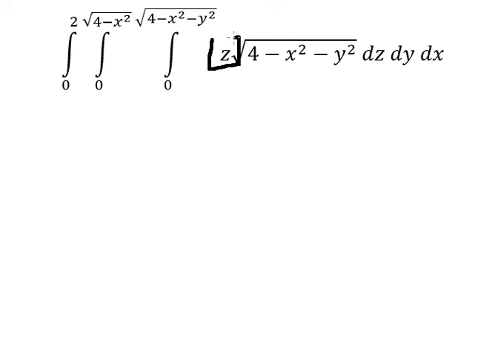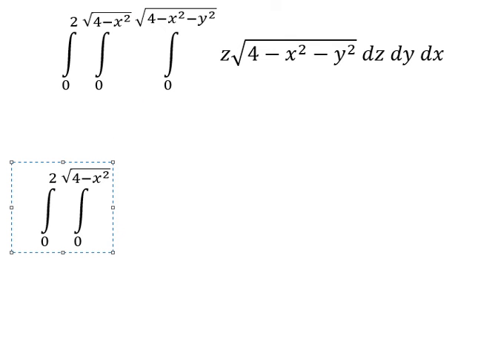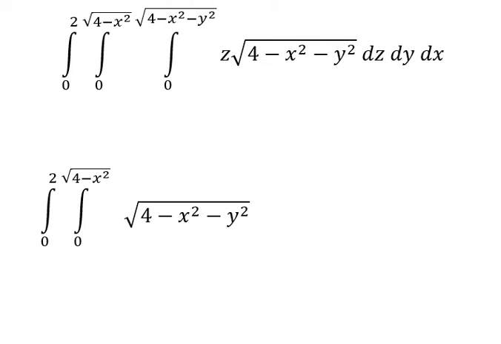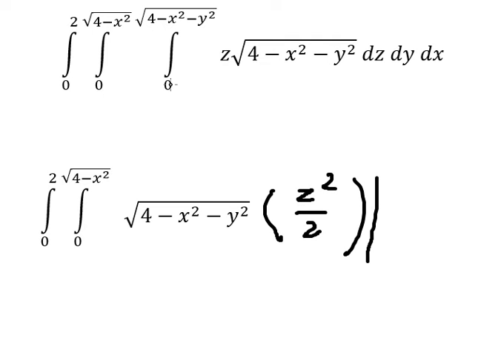The integration of z, you get z squared over 2. And we put the bounds from 0 to the square root of 4 minus s squared.